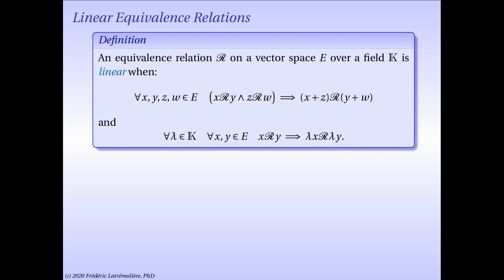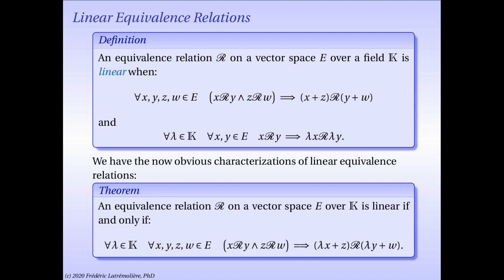An equivalence relation on a vector space E is called linear when, for all x, y, z, and w, if x is equivalent to y and z is equivalent to w, then x plus z is equivalent to y plus w, and if for any scalar lambda and for any x and y in E, if x is equivalent to y, then lambda times x is equivalent to lambda times y. So in other words, an equivalence relation is linear when it is compatible with the operations of a vector space.